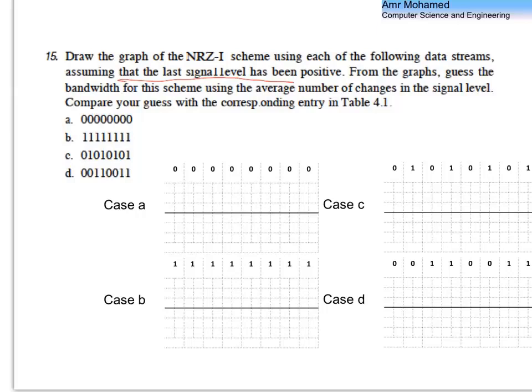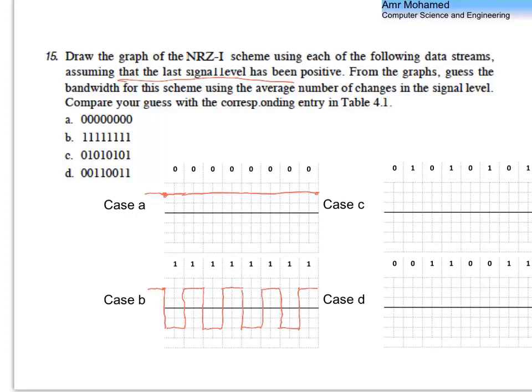If the original level is positive, for the 0 we don't change, and we keep doing that to the end. For 1, if the original was positive, then we go negative. Then if there is 1, we go positive. Then if there is 1, we go negative. If there is 1, we go positive, and so on.